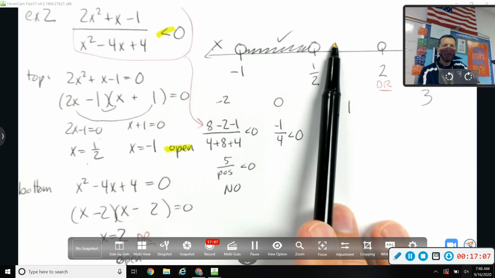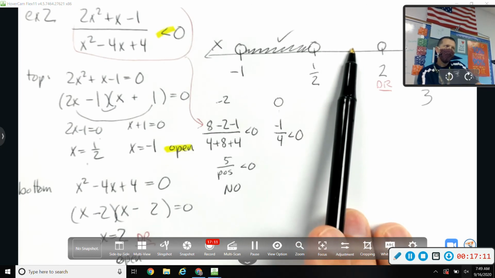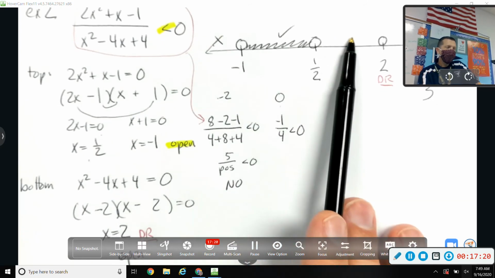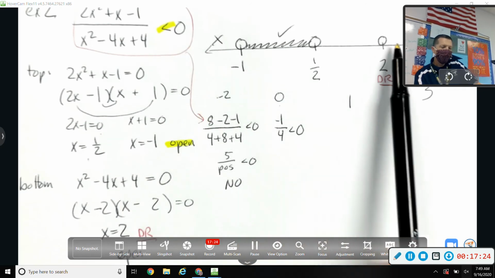What do we think about the next interval? Is it going to be a yes or a no, based on the alternating rule? It should be a no. The double root only affects what happens around the double root, so the rest of this should still alternate.